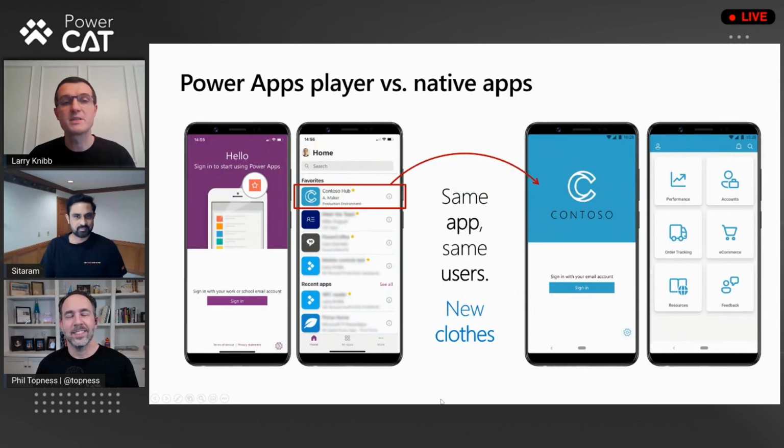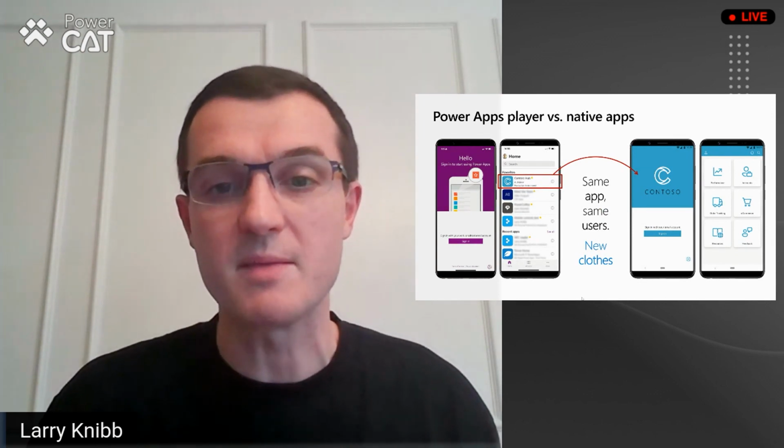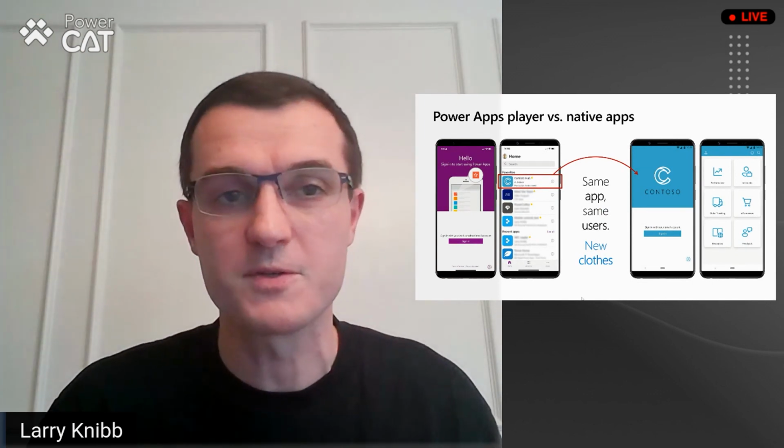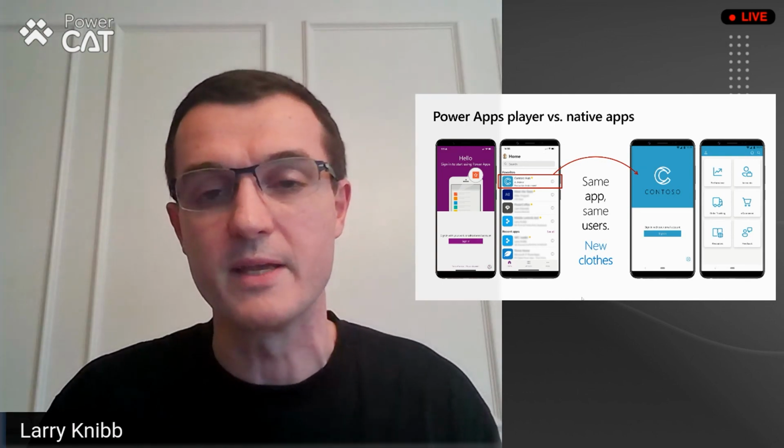With the new experience, you're able to wrap up or package your existing Canvas apps as standalone native apps for mobile, for iOS and Android. In this way, your app becomes the mobile UX and business logic. It's the same app, it's the same users. We say new clothes. It's a different packaging experience, a different distribution experience to the end users.